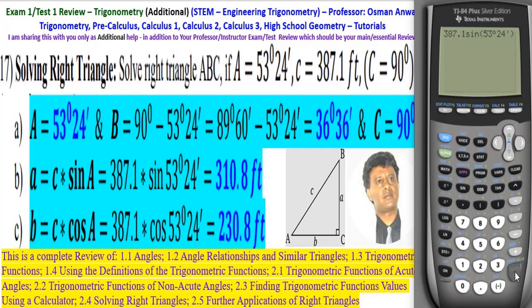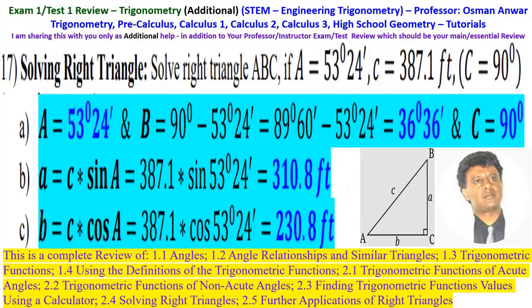Hit enter, and that gives you 310.8 feet. So to get b, simply call the last entry, second enter, then just change the sine into cosine. So change that to cosine, and it gives you 230.8 feet.